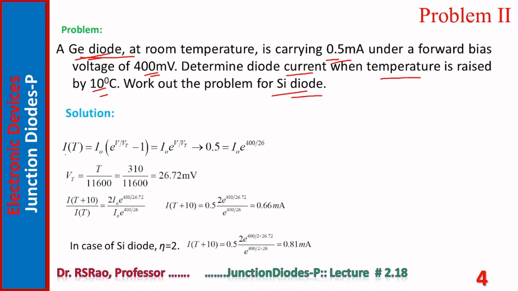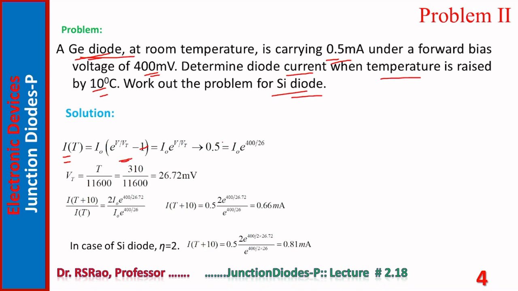So one can write current at temperature T is equal to I naught e power V by Vt minus 1, as eta is 1. The 1 can be neglected. So it is equal to I naught e power V by Vt.